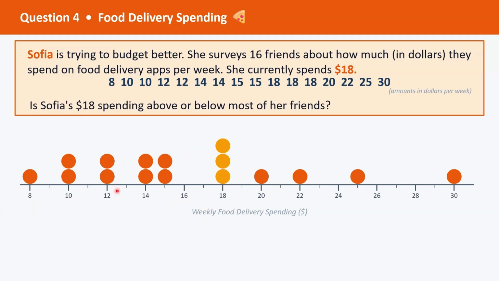But then we have higher values like 25 and 30, which are farther away. These higher values pull the data upward, but they are not typical. So Sophia's $18 is actually right in the middle. Very typical.